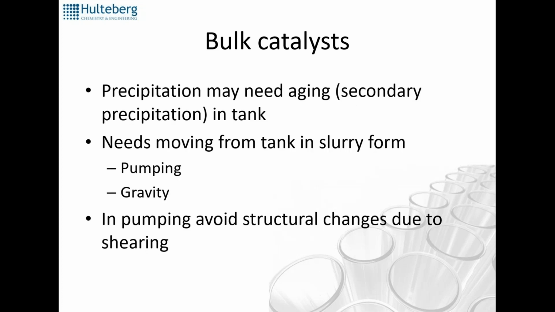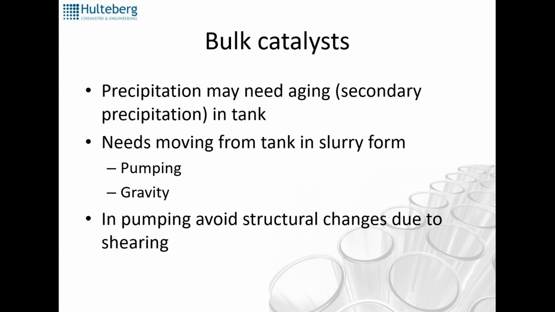Then one thing that shouldn't be underestimated is the time needed for precipitation, because there may actually be a need for aging of the precipitate. When you first have changed your pH, you get small particles or floccules that form, but by allowing these to settle and combine over time, we can end up with larger agglomerates of these initial particles.